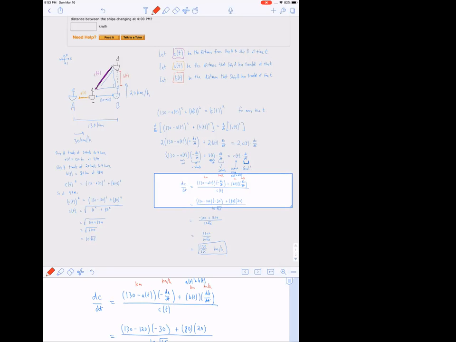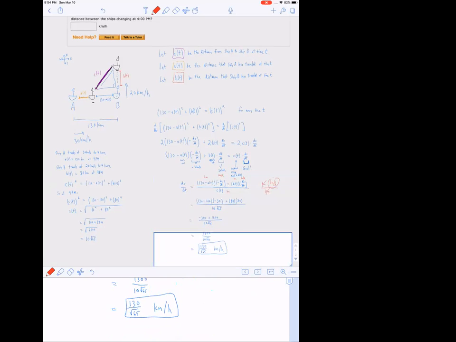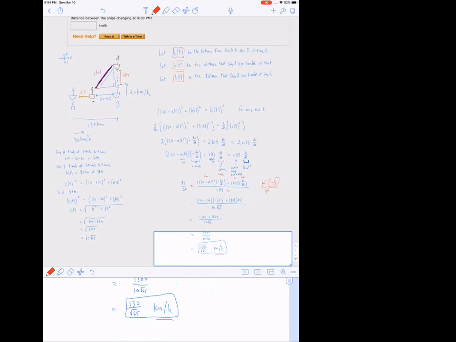So the units in the numerator would be kilometers times kilometers per hour. And then that C of t is also going to be in kilometers. So when we divide by kilometers, we're left with kilometers per hour as we expected. So that does make sense given our calculation, and we have a final answer for this problem.